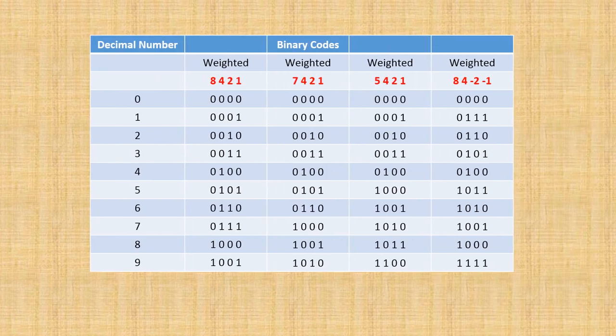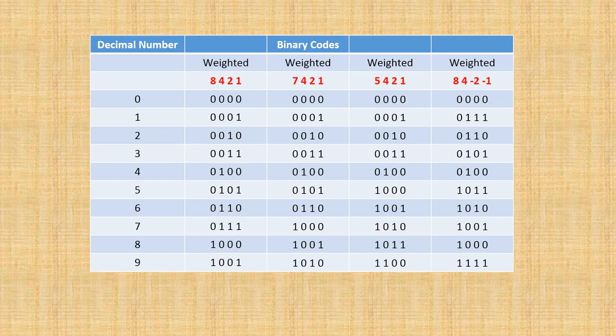We can have a negative weight system also, like 8, 4, minus 2, minus 1. The method of finding the code is the same, meaning the total sum of the weights of the code will be equal to the decimal number.